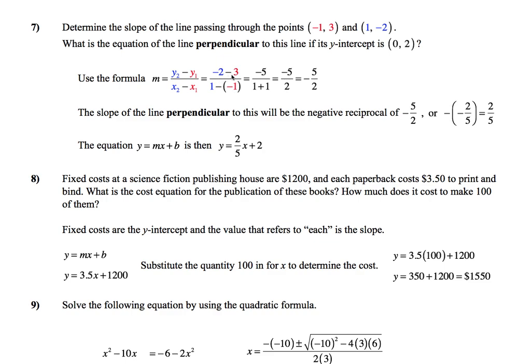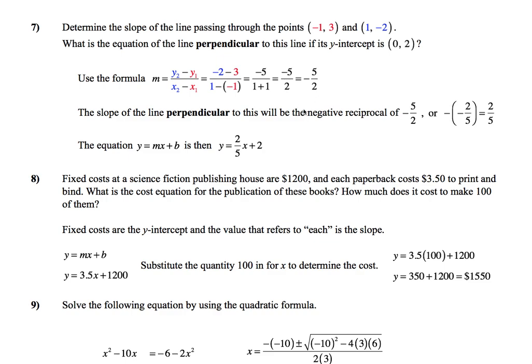So -2 minus 3 is -5. 1 minus -1 is the same as 1 plus 1. And so we have a result of -5 over 2, which is -5 halves.